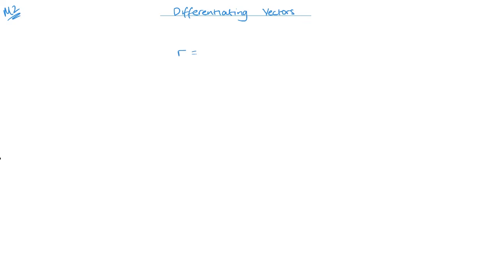So r is xi plus yj. Now r is like a distance or displacement. When I differentiate r, so dr by dt, what I get is going to become the velocity, and that's just x differentiated and y differentiated.